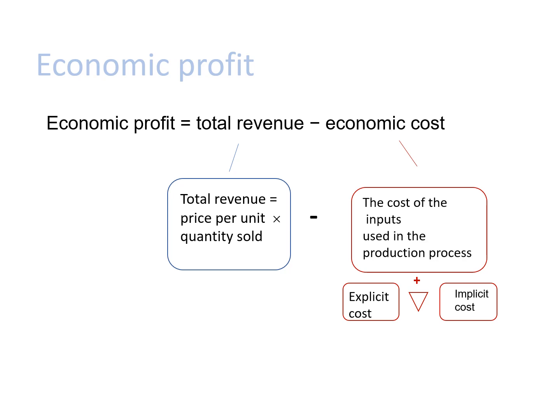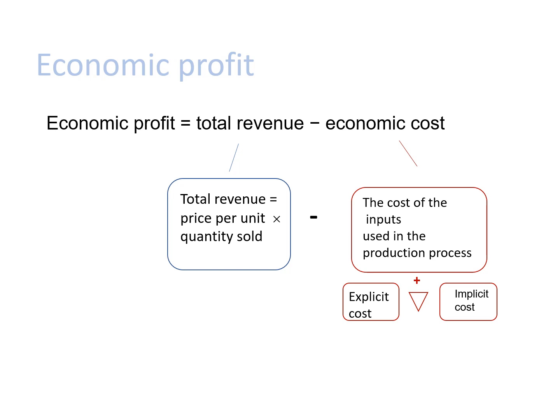So how do we calculate economic profit? Well, economic profit is equal to the total revenue minus the economic cost. We can calculate the total revenue by multiplying the price per unit by the quantity sold. That is the total revenue.